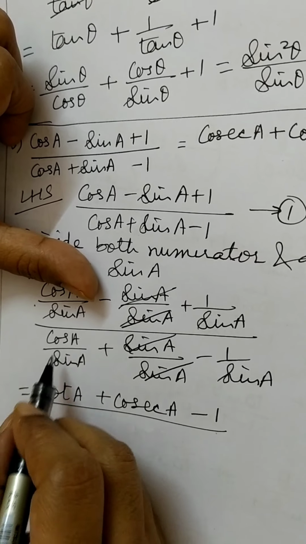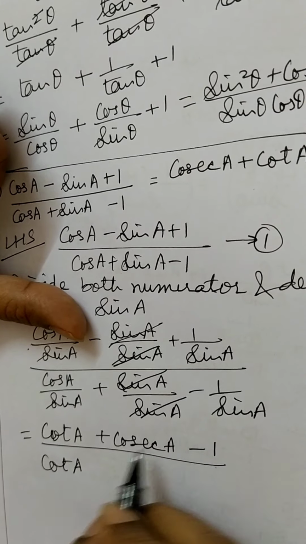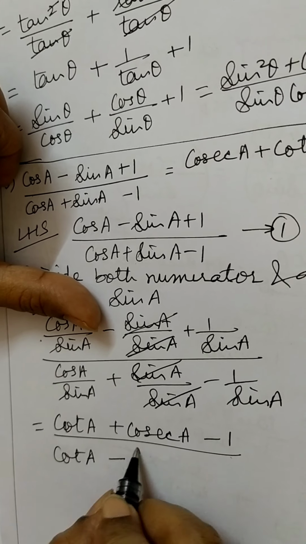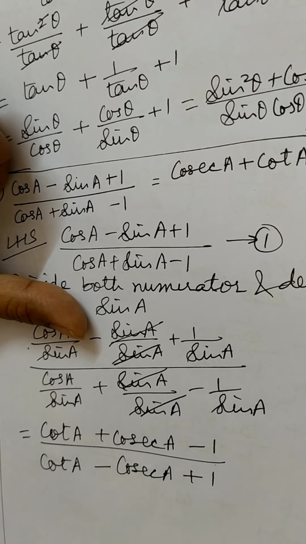In the denominator again cos A upon sin A is cot A minus cosec A, 1 upon sin A, plus 1.